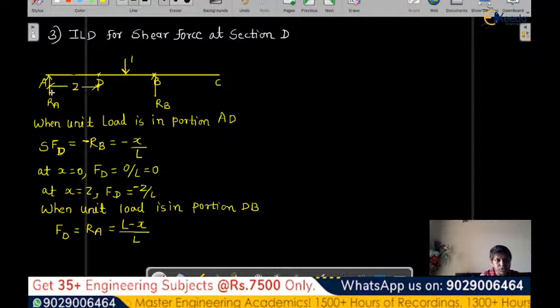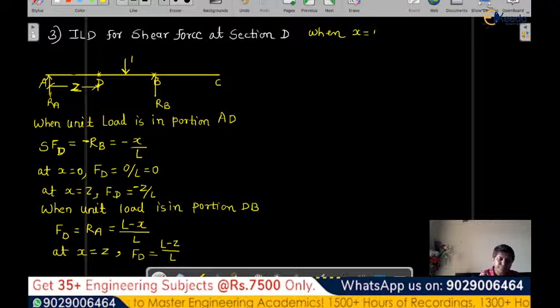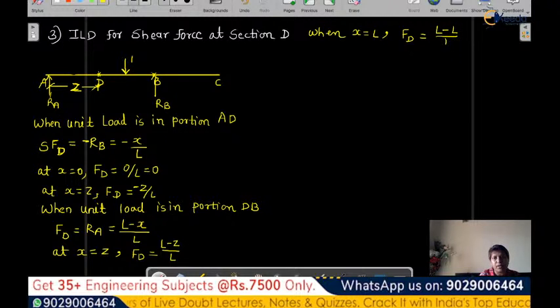This was the z portion, and this is the unit load, so x is varying here from D to B. When x is equal to z, we substitute x equal to z, so the shear force will be (L minus z) by L. And when x is equal to L, the shear force is equal to (L minus L) by L, that is 0.